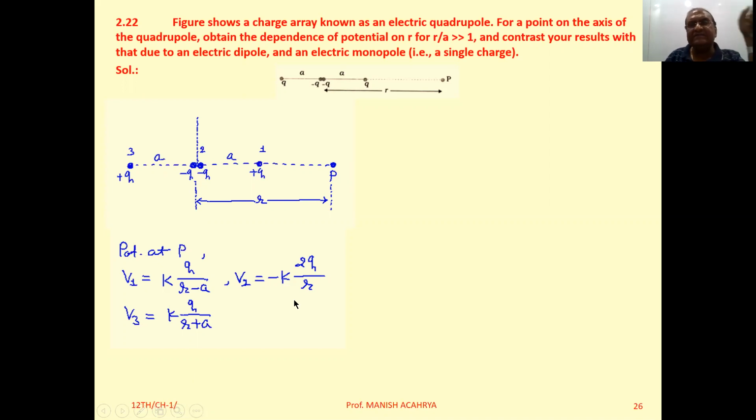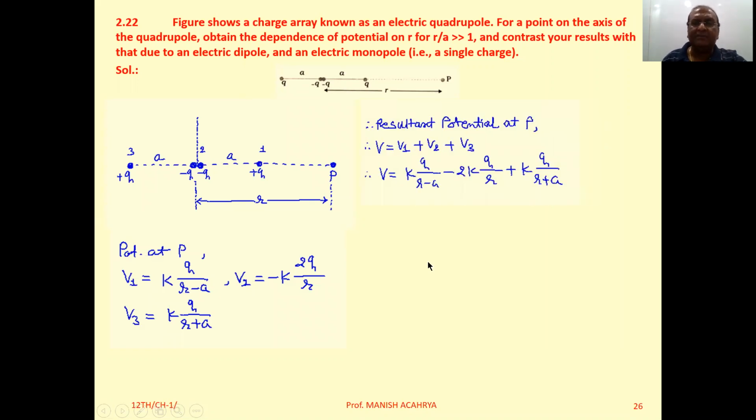So V2 is minus 2kq upon r. Then the potential at P due to charge 3, that is again plus q, and from that charge, P is at distance r plus a. So V3 is kq upon r plus a. So the resultant potential at P is V1 plus V2 plus V3.